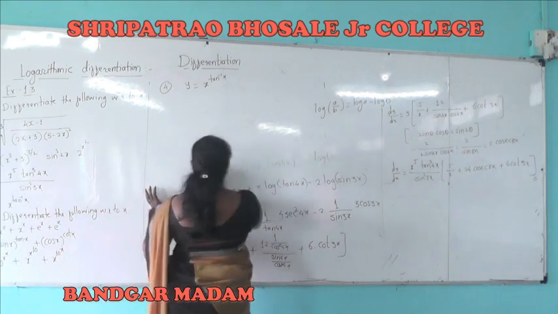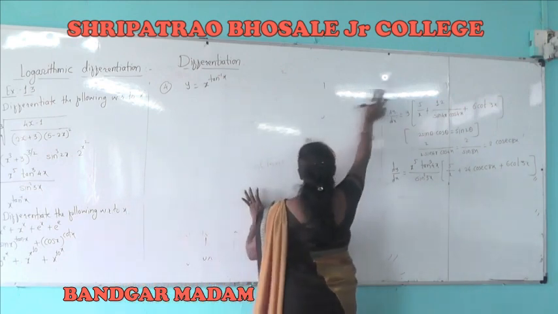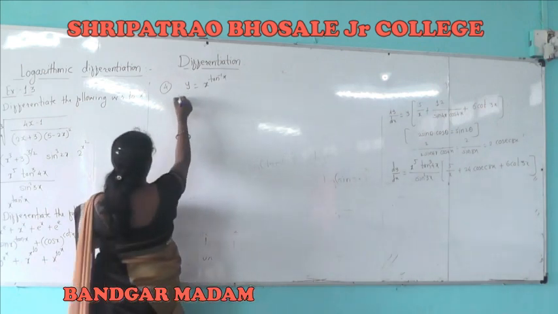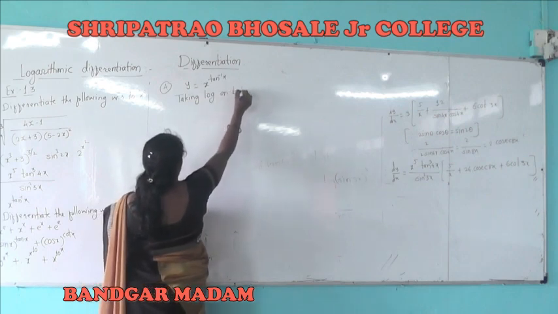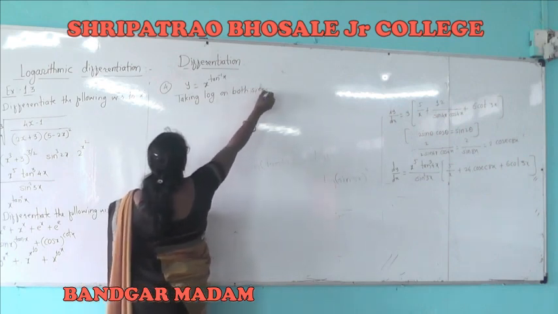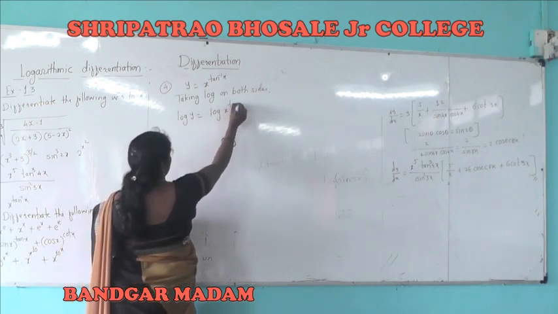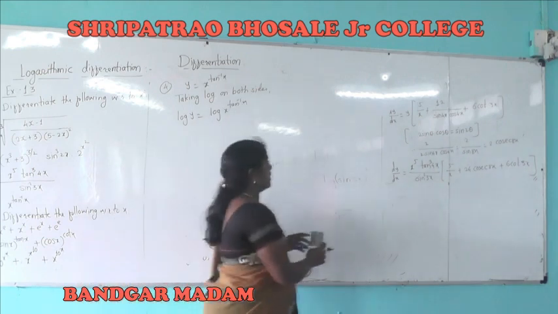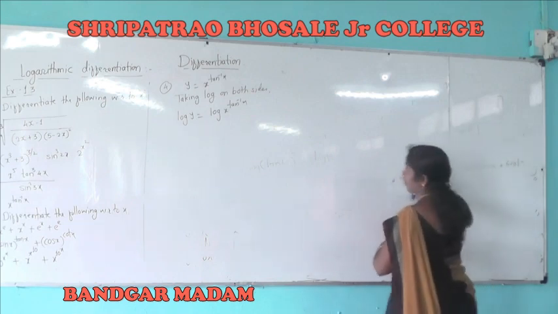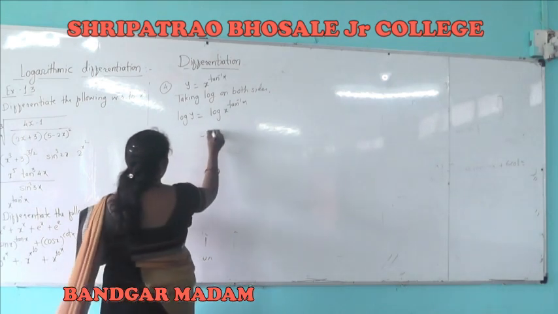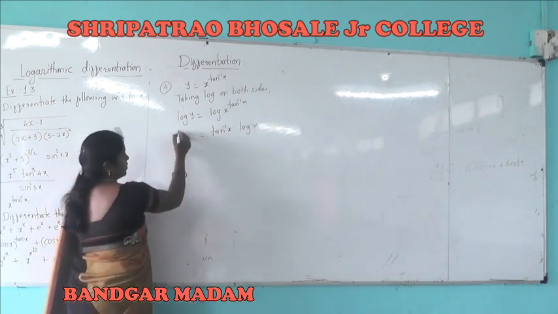So taking log on both sides, we get log y is equal to log of x raised to tan inverse x. And for x raised to tan inverse x, the power will come as coefficient of log. This will give tan inverse x into log x. This is your log y.